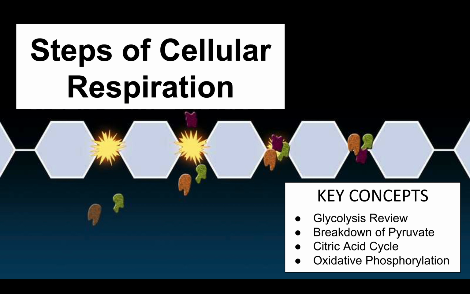And then in this last step here, those glyceraldehyde 3-phosphates turn into pyruvate. In the meantime, we are producing 2 NADH and 4 ATP. Now, even though we're producing 4 ATP here, we're using up 2 ATP in that first step. So the net yield is 2 ATP and 2 NADH.